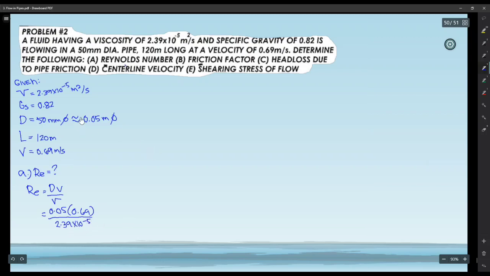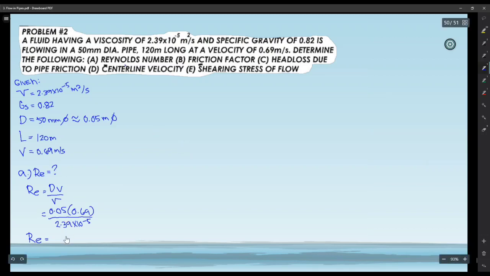So kung mapapansin nyo, magiging meter squared per second yung taas kasi meter times meter per second, and yung baba natin is meter squared per second. So again, Reynolds number is a unitless value. So pindutin lang ulit natin sa calculator. Sabay-sabay natin pindutin 0.05 times 0.69 then divided by 2.39 times 10 to the negative 5.